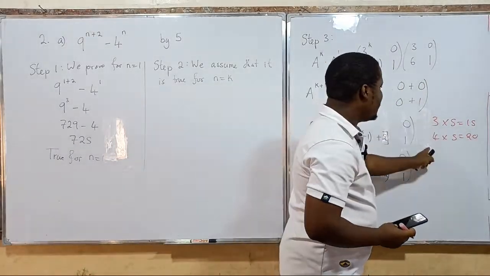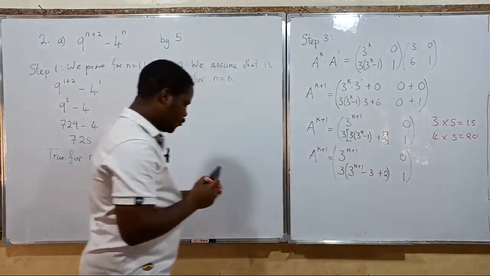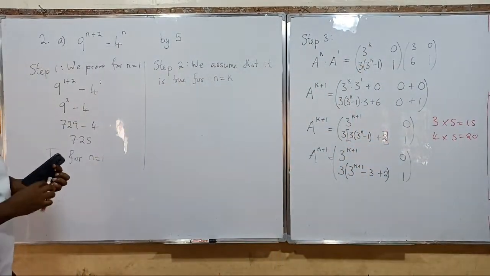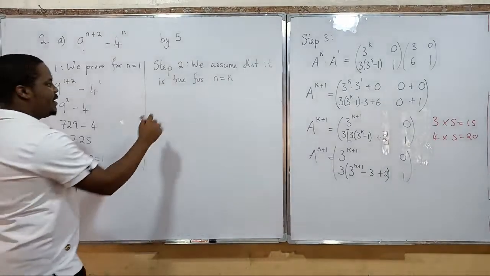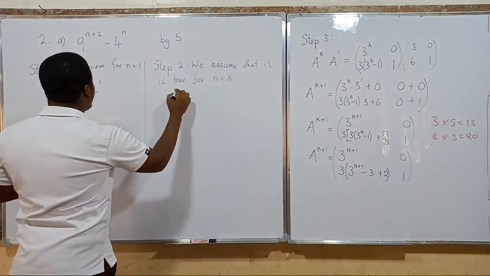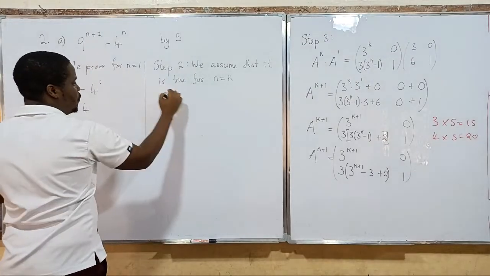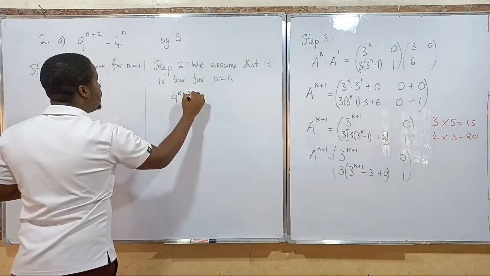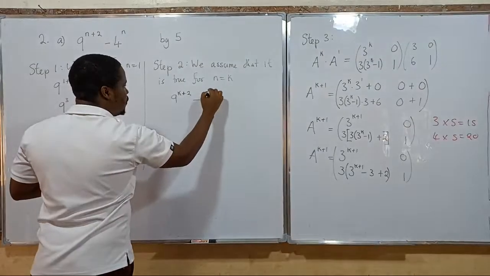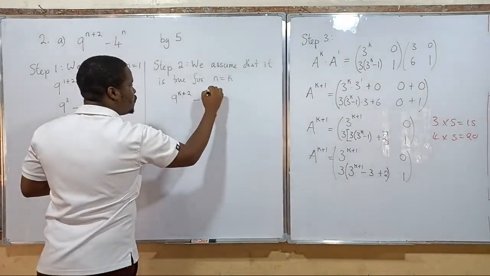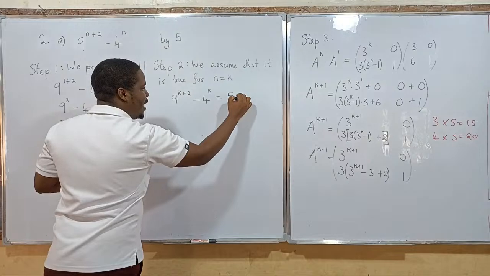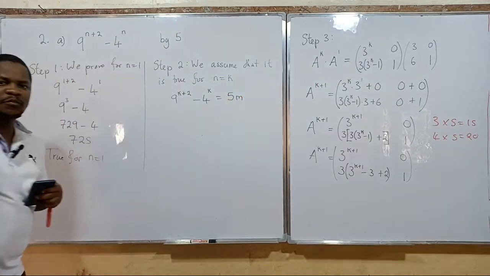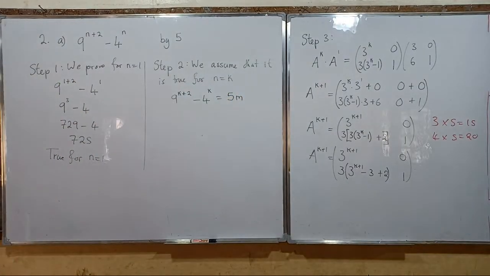So the number we're thinking of can be any number. So we're going to say the assumption will be that, since we're assuming that it's true, we can say 9 to the power, where there's n, we put k plus 2 minus 4 to the power k is equals to 5m. This m is representing any number that you can think of. So that same number multiplied by 5, you still get a number which is divisible by 5. Why are we doing this?